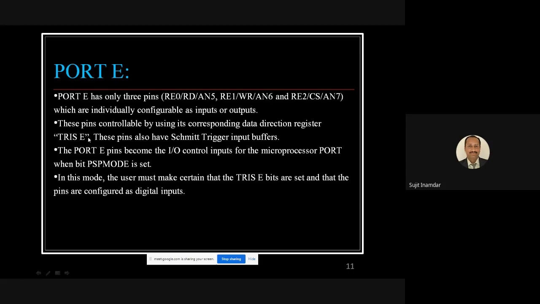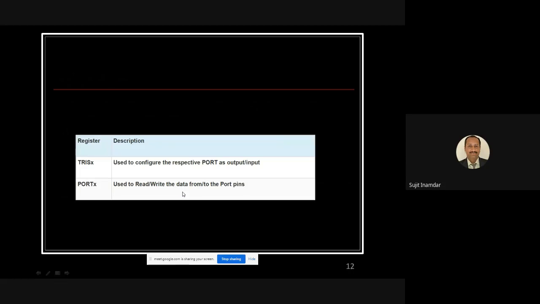This can also be used as TRISE, that is to decide the direction, and it is also used for the PSP mode, that is parallel slave port. So what is this PSP? In the next unit we are going to learn that. Right now you just remember that port E is also used for the PSP.